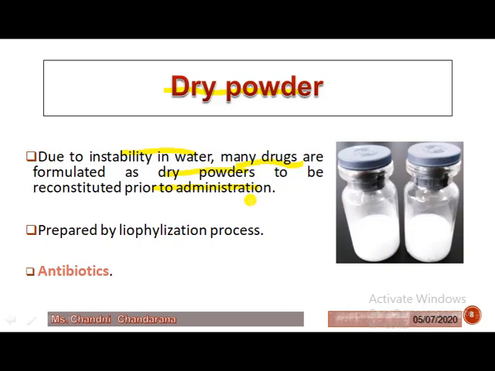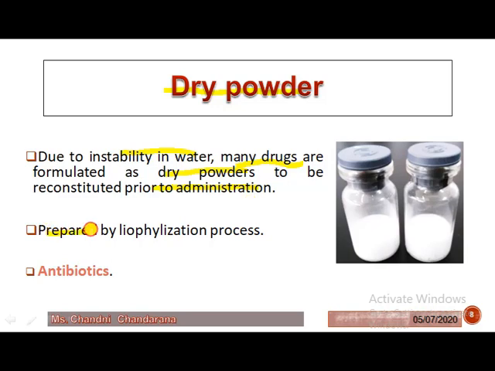With the dry powder we have to supply sterile water for injection to make a solution or suspension of the injection, but the drug is not stable in water.